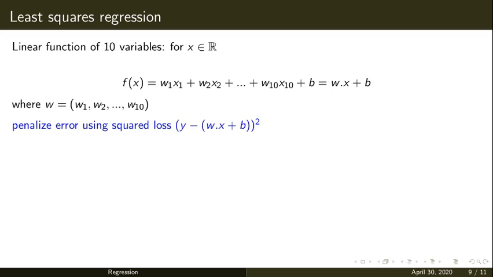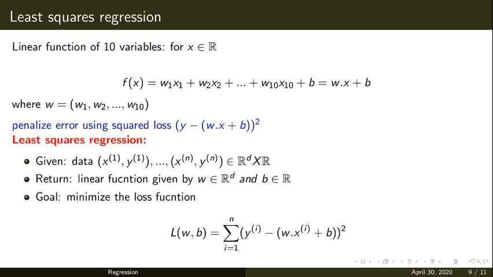You penalize this expression by using the squared loss: y minus w dot x plus b, the whole square, is the squared loss. You can come up with the loss function also here.